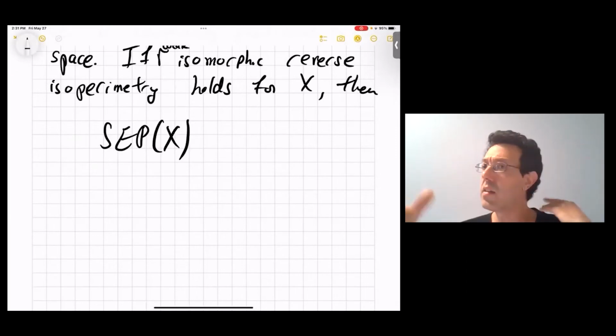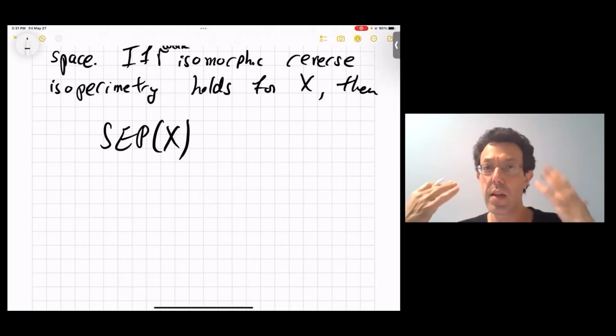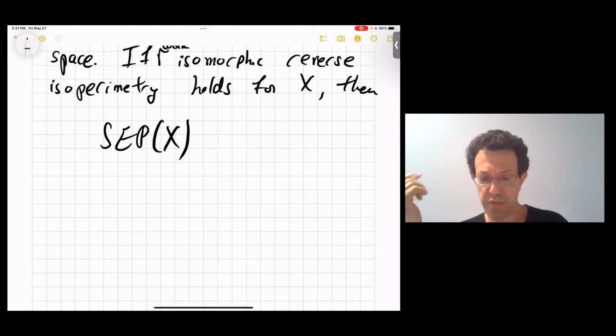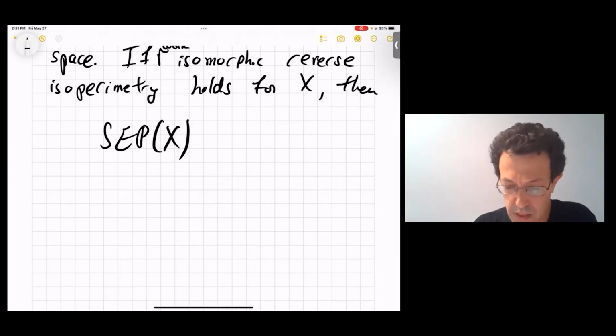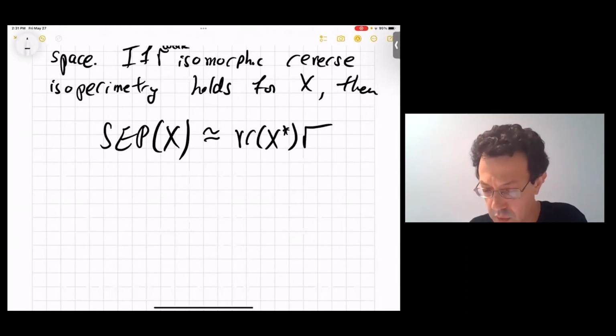I'm allowing you any distribution over partitions, any shapes, just with bounds on the diameter. It seems like a very nonlinear invariant, yet it's bounded above and below by universal constants times the following: the volume ratio of the dual of X times root of the dimension.